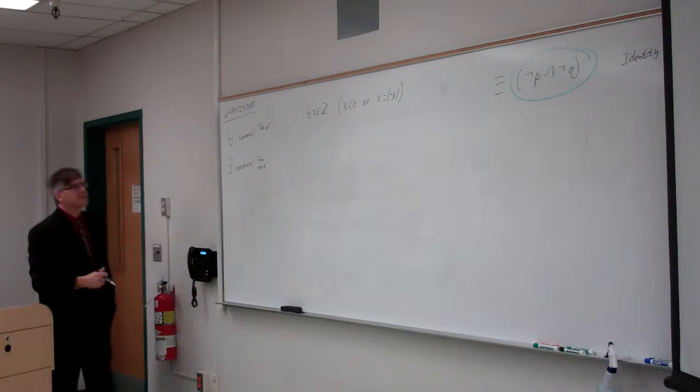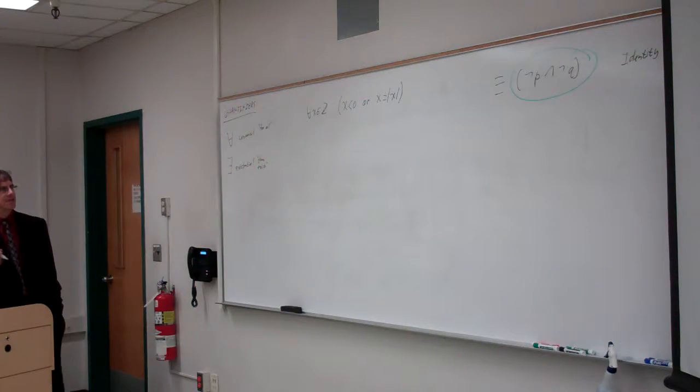So for all x contained in Z, all integers, x is less than 0 or x is equal to the absolute value of x. That's a proposition, and it happens to be true. Every integer is either negative or it's equal to its absolute value.